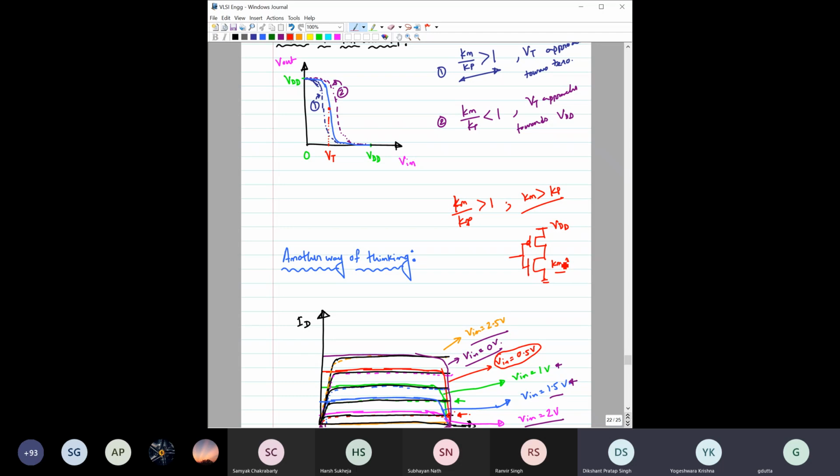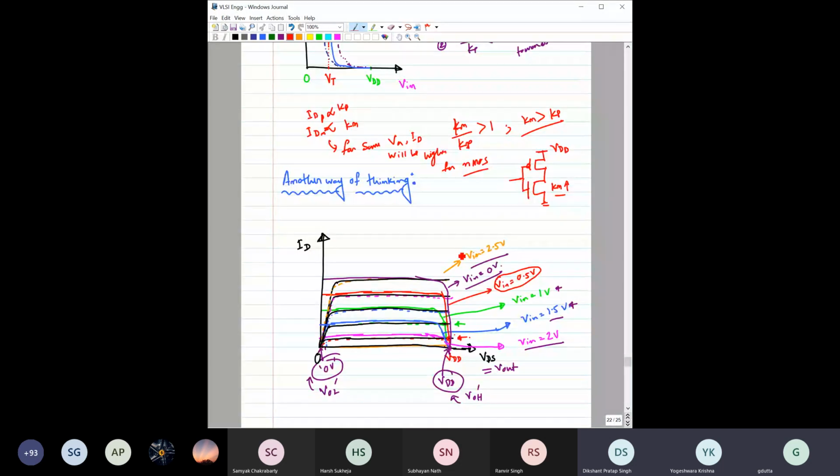Now see the ID equation: IDN is proportional to Kn, and IDP to Kp. If you make the transistor wider, current increases. So for the same VG, ID will be higher for NMOS.